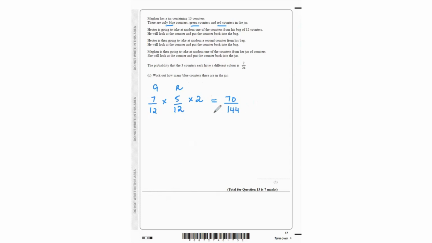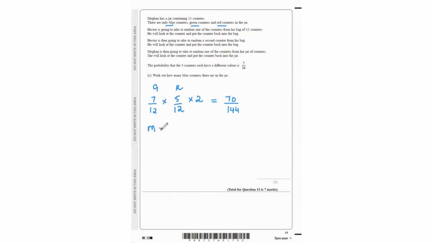Now for Megan, she can only take the counter once, and that's after Hector. And the color choice that Megan is left with is blue because Hector is already taking out a green and a red counter. And since we need different colors, for Megan, the probability of getting a blue counter would be x over 15, because the total number of counters for Megan is 15. And we don't know the number of blue counters, so that's assumed to be x.